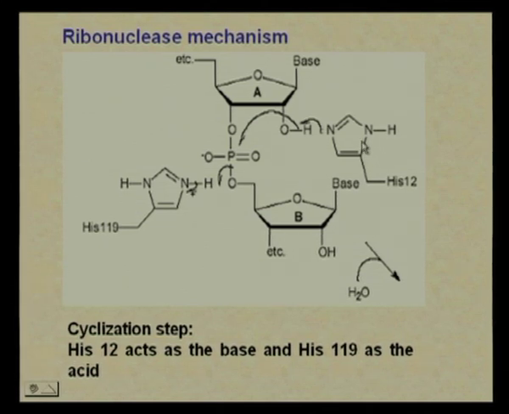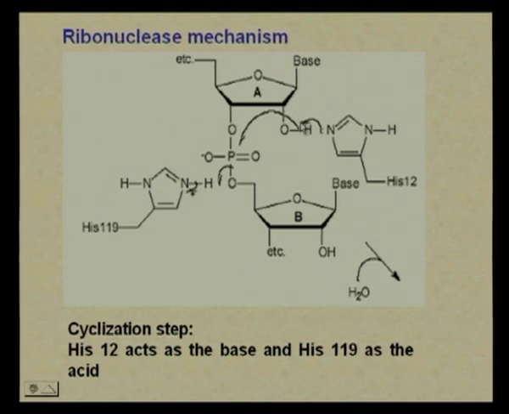So, this acts as an electron pair donor. So, it is acting as a base. So, histidine 12 is acting as a base in abstracting the proton from what is called the 2' OH of the A ring of the ribose sugar of the ribonucleic acid.